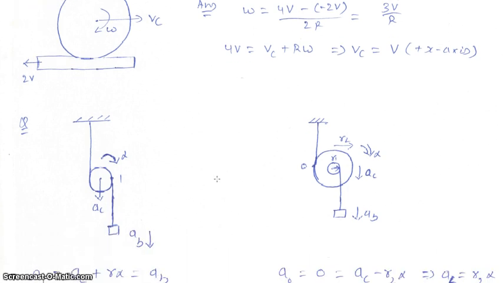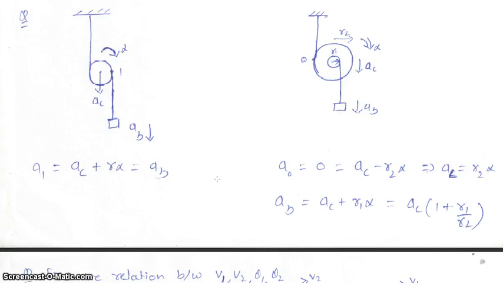And if we talk about these examples, this is a circular disc or a cylinder which is allowed to roll, and this point is attached to a string which is fixed at the support. So we can say if the sphere is moving downwards with an acceleration a and rotating with an angular acceleration alpha, the point 1 has a tangential acceleration which is equal to a1 = ac plus r alpha.